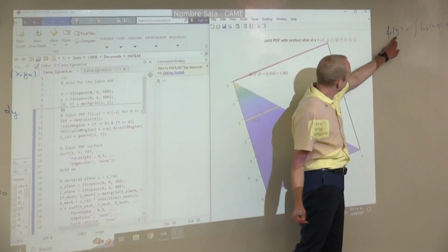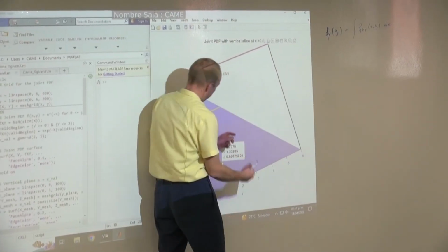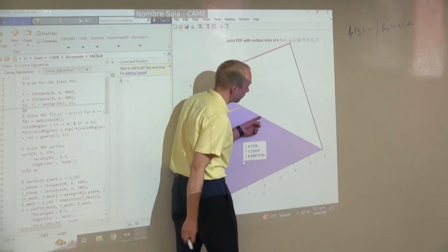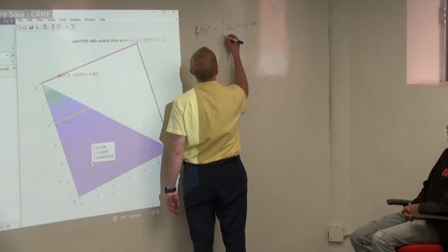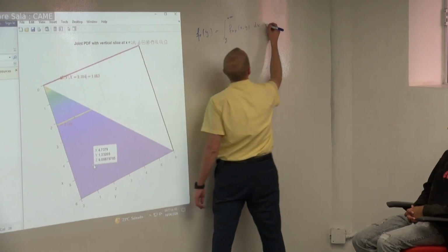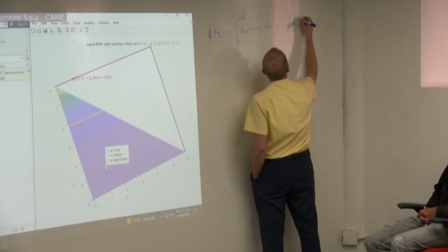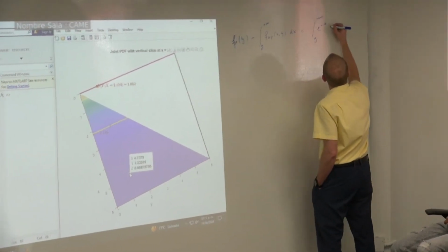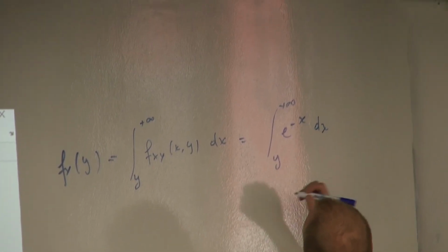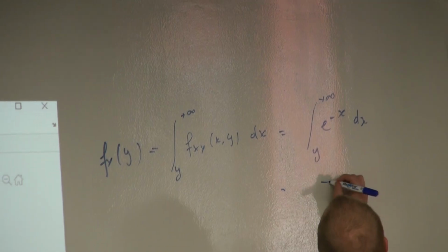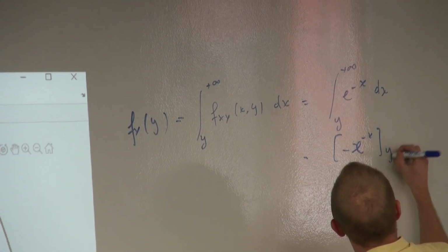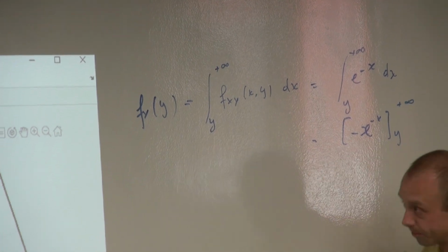So you want the density of y, no? So once you fix y, x goes from y onwards, no? So y to infinity of e minus x dx, right? And here we get minus e minus x, from y to plus infinity, no?